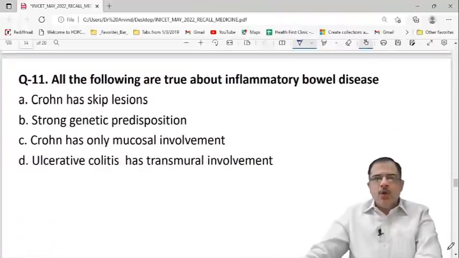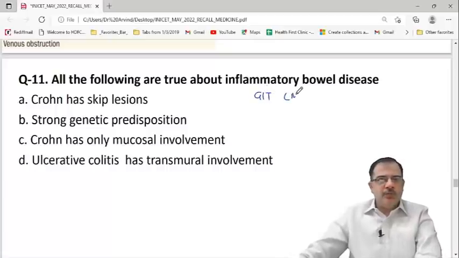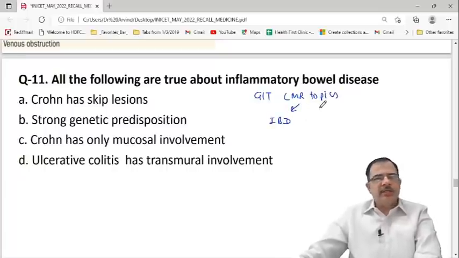Question number 11. All are true about inflammatory bowel disease. As discussed in the class, there are some topics where one question is guaranteed in every exam. In the GIT, as we discussed in the last moment revision topics, inflammatory bowel disease, one question is guaranteed.